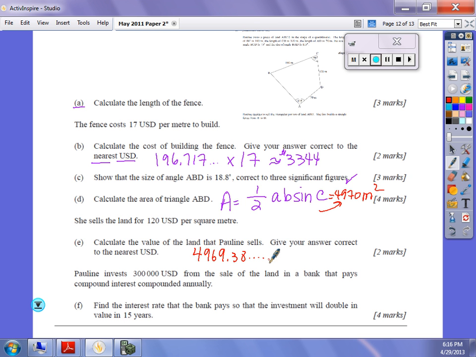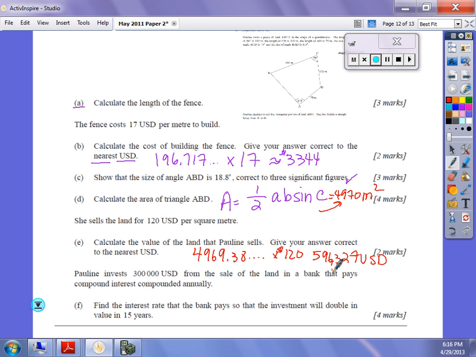We've got whatever was in our calculator times $120 per square meter. So $596,327 US dollars. And we're going to leave that to the nearest dollar.